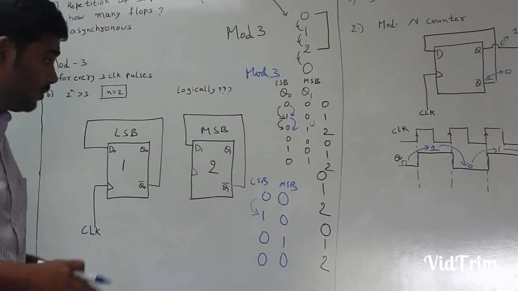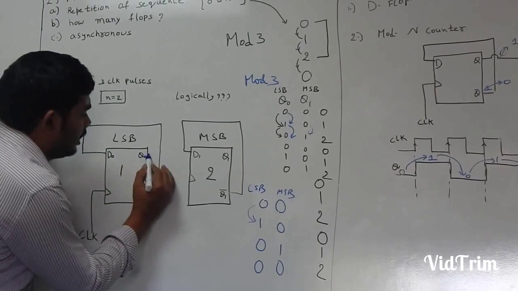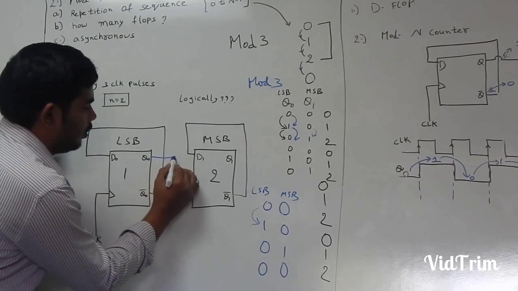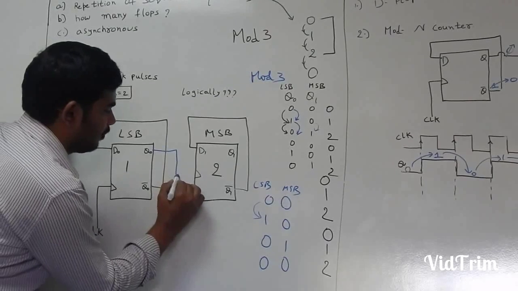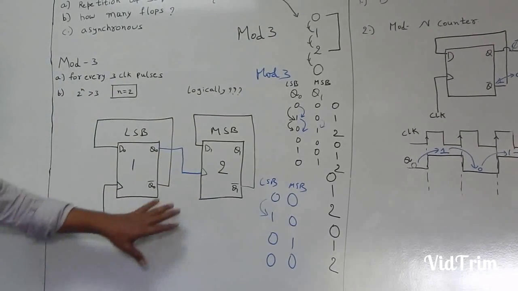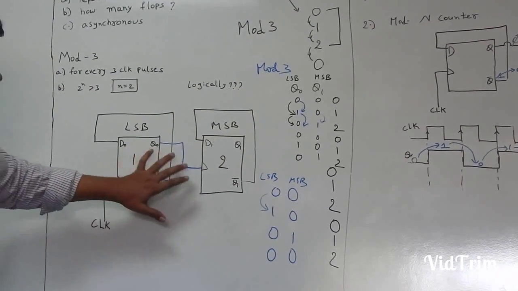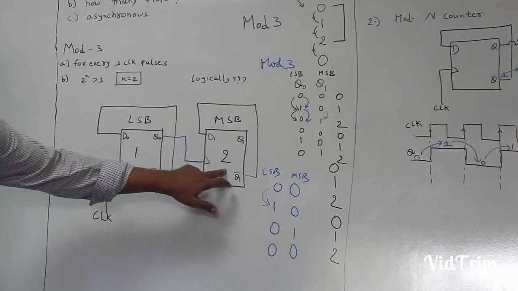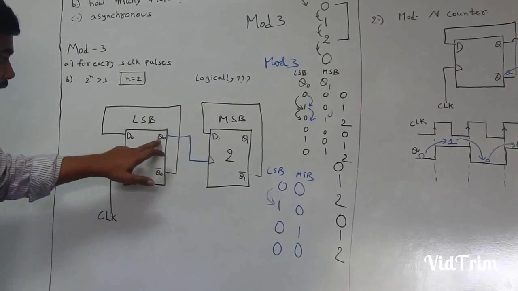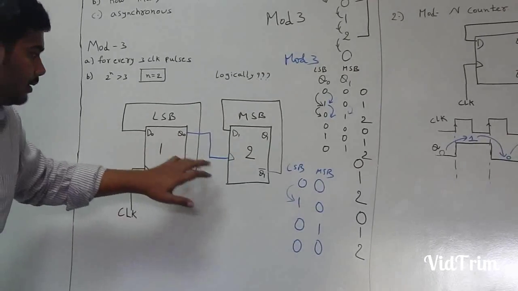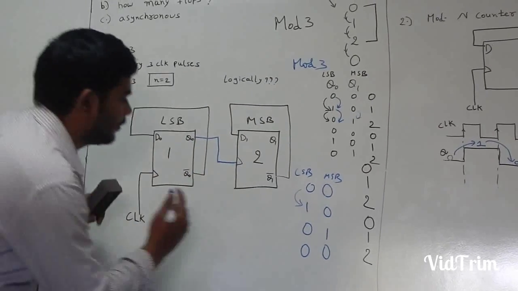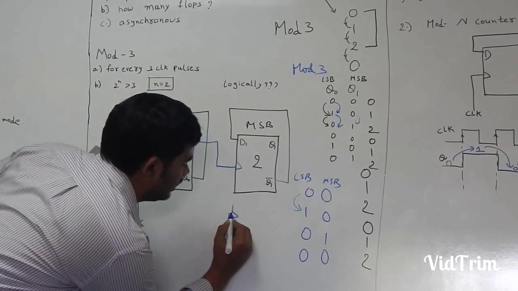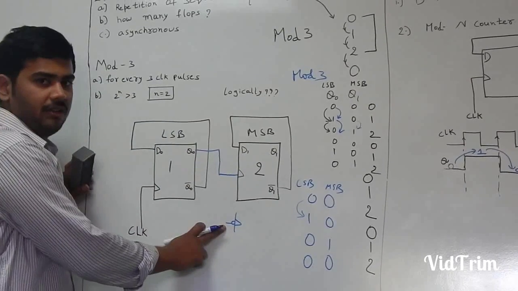No. So if we give this particular one like this, it means we are giving output as clock to the next clock. If Q0 changes from 0 to 1, this is the positive edge representation and this is the negative edge representation, if you give clock like this.